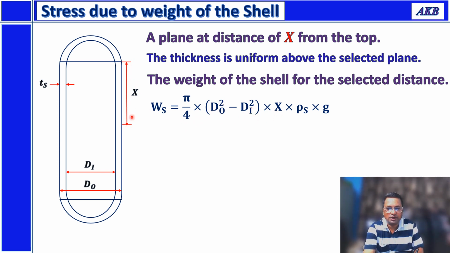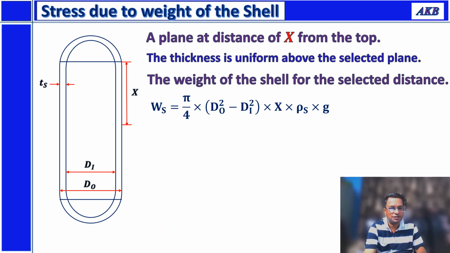So area into height will give you the volume of that section, and when you multiply this with the density rho s, you get the mass in kg, for example, and when you multiply this with acceleration due to gravity, you get weight in Newton.